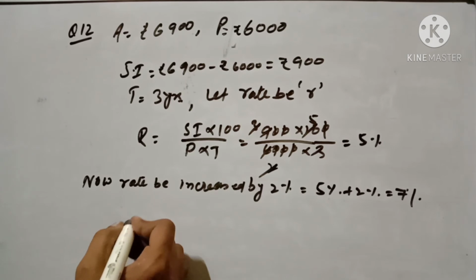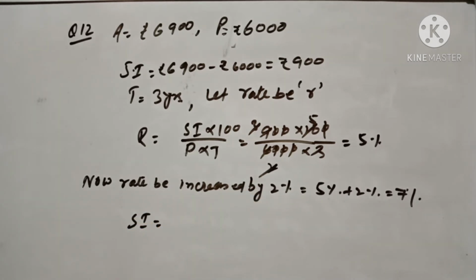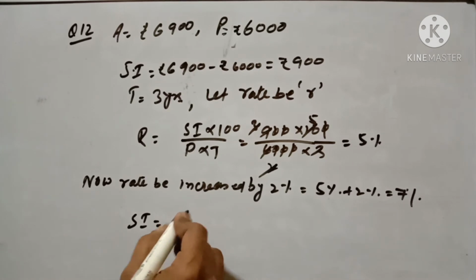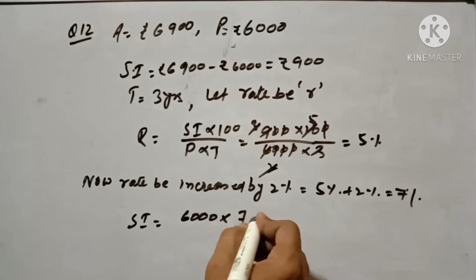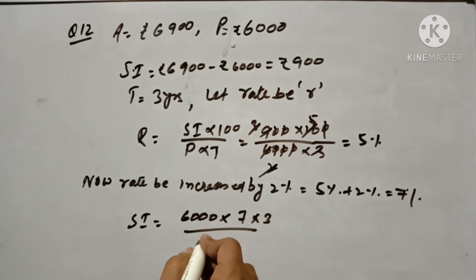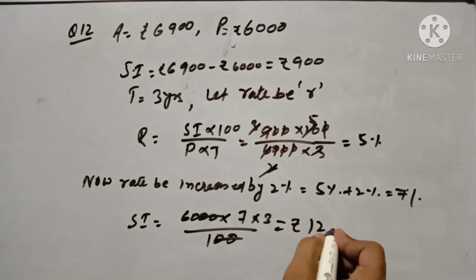So SI equal to P into R into T. Our P will remain the same, 6,000. R is 7% and time is 3 years. So this 20 go and multiply. So it will come rupees 1,260.